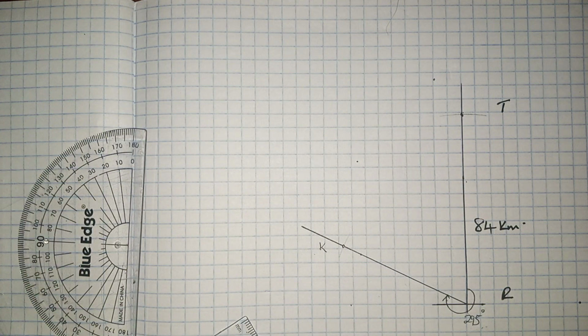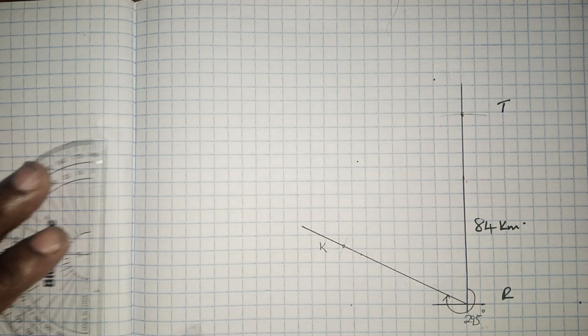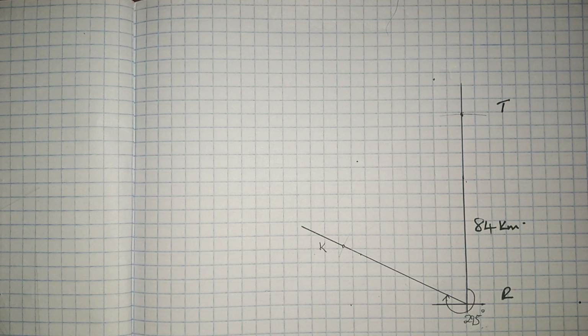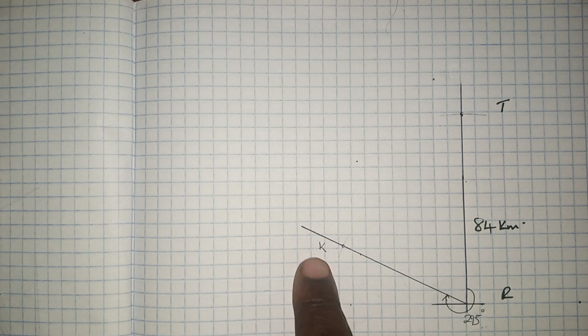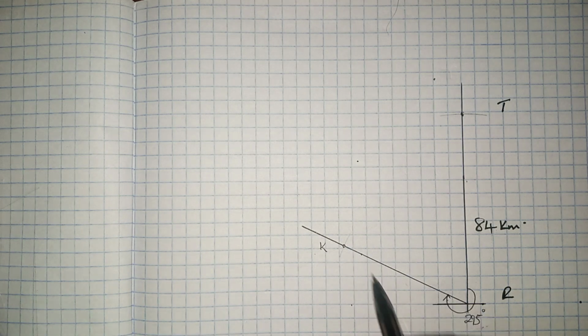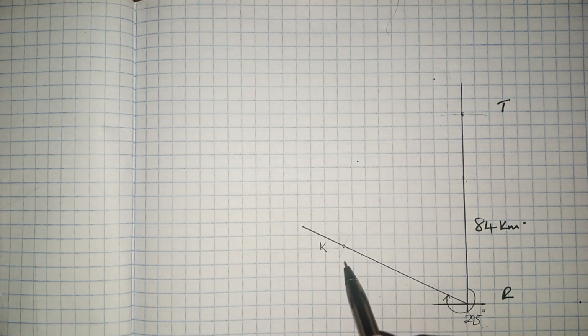Then, at a distance of 60 kilometers, G is on a bearing of 300 degrees from K and a distance of 80. G is on a bearing of 300 from here, so we must locate the true north of K. And in all towns, we must learn how to locate the true north.